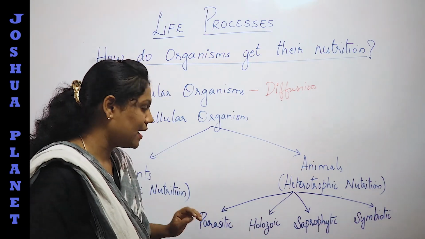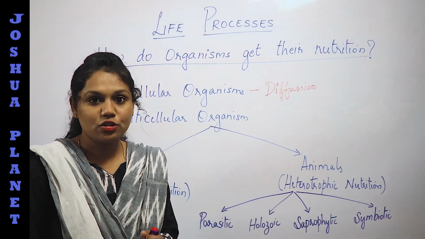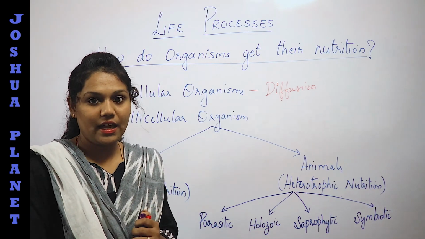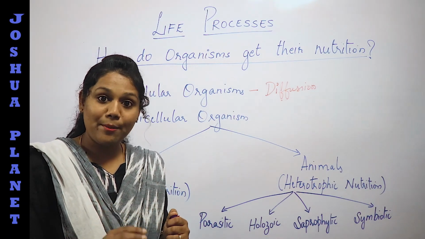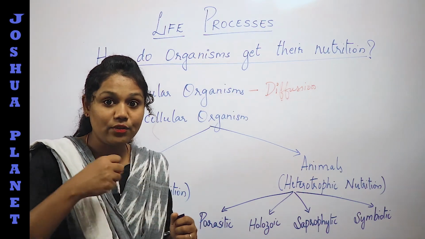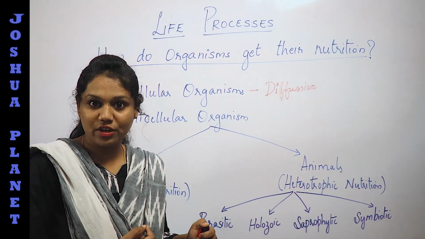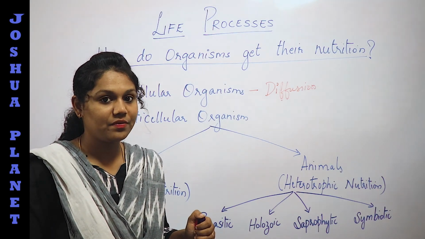So what do you mean by parasitic mode of nutrition? There are some animals which will depend on a host body. In the sense, they will damage the host body and derive the nutrients from that. Can you think of an example?